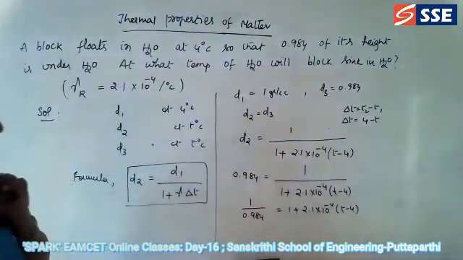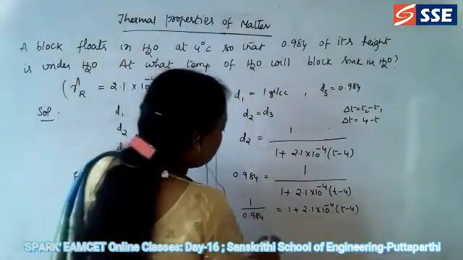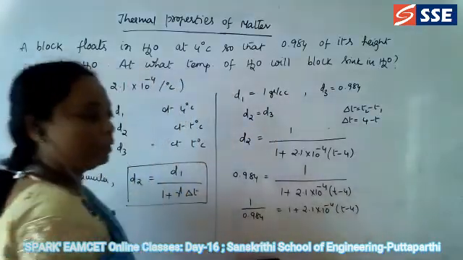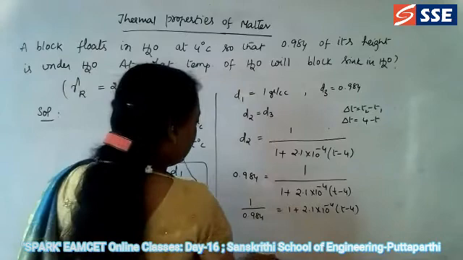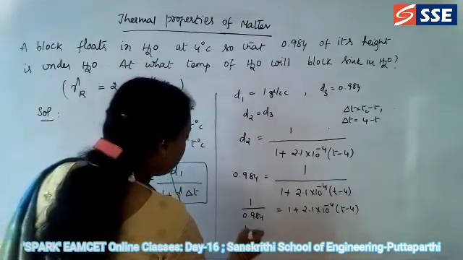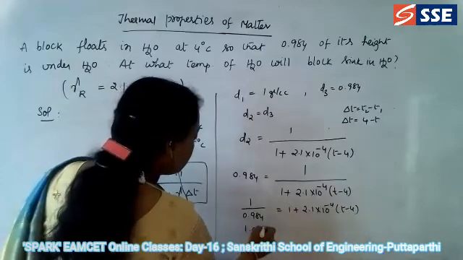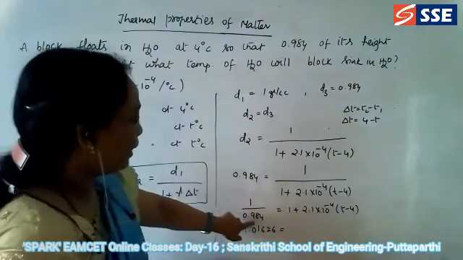Next we can take 1 to the left side. Therefore, see what we get: 1 by 0.984. Calculate this value, which is equal to 1.01626.